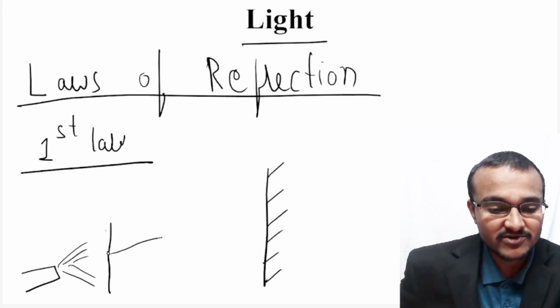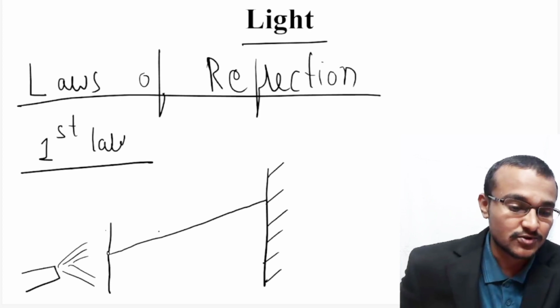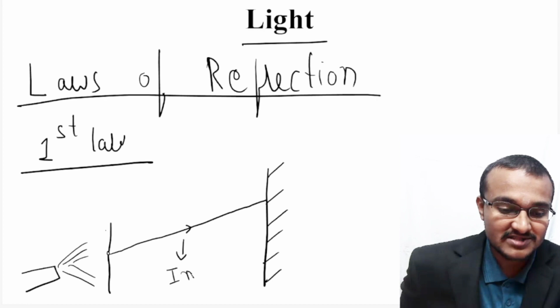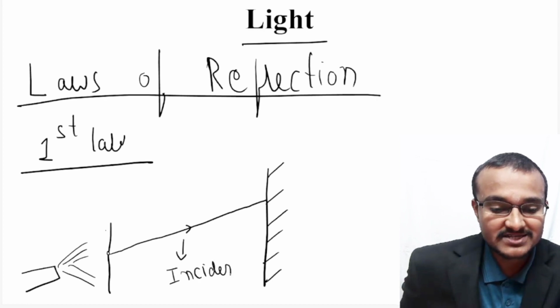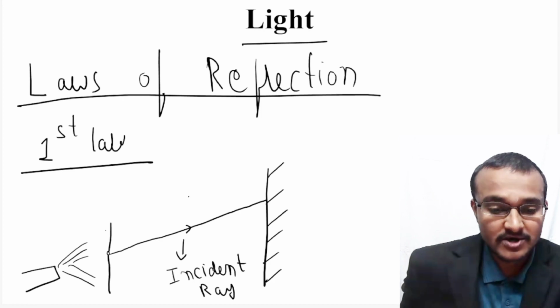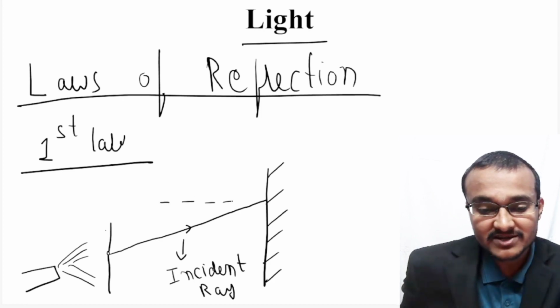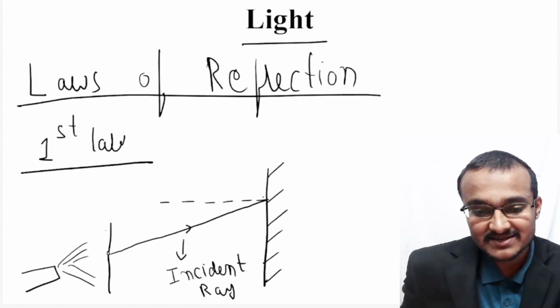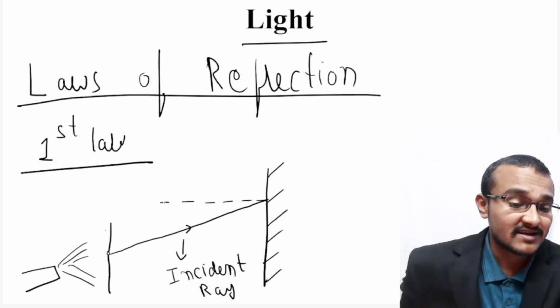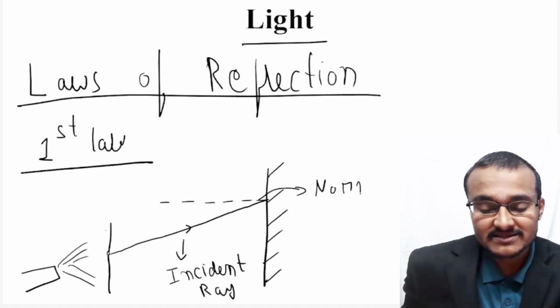So a single beam of ray is striking this mirror. This is known as the incident ray, because it is incident on the mirror's surface. If you draw a perpendicular line at the point where the light is incident on the mirror, that perpendicular line is known as the normal.